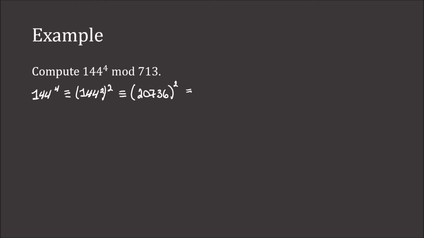Now the remainder when 20,736 is divided by 713 is 59. So this is congruent to 59 squared. 59 squared is 3,481, and when that is divided by 713, we get a remainder of 629. And so 144 to the 4th power would be congruent to 629 mod 713.